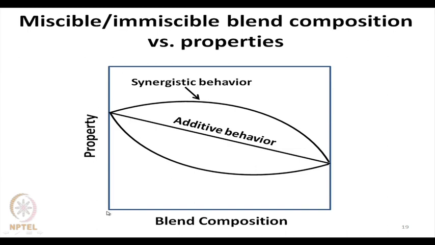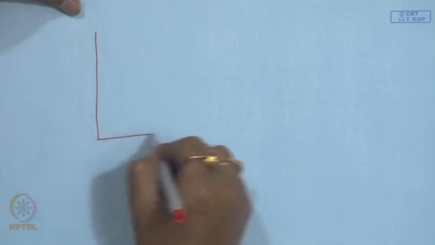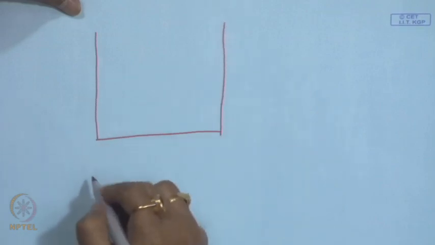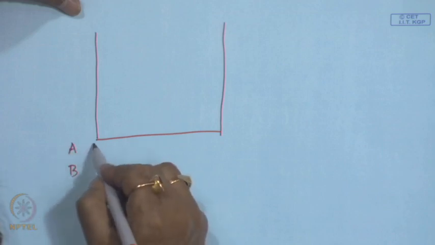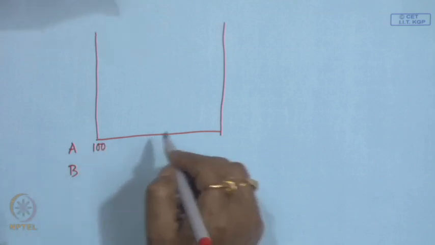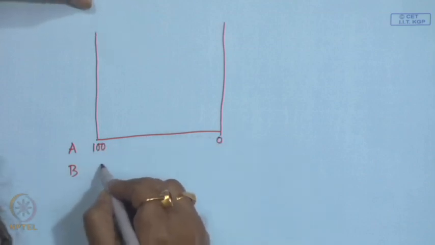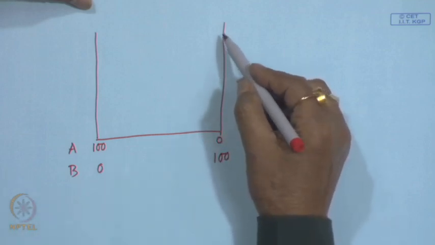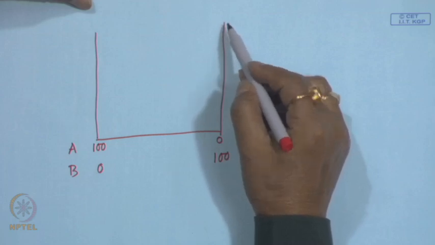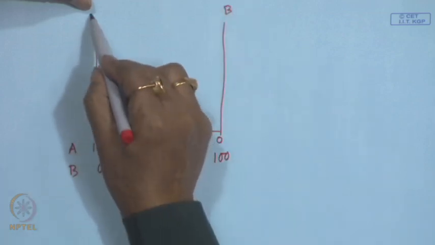Now, here this axis can be for a pure component polymer, say component A, component B. Now, this is 100% over here, this is 0, here it is 0, here it is 100. So, this is the properties axis of pure B, this is the properties axis of pure A.